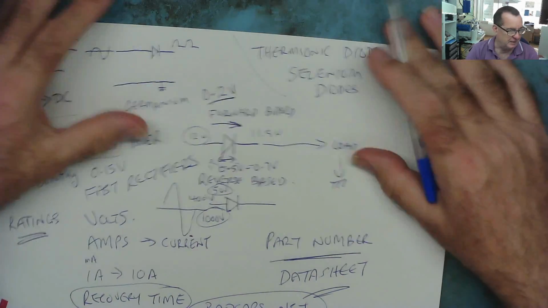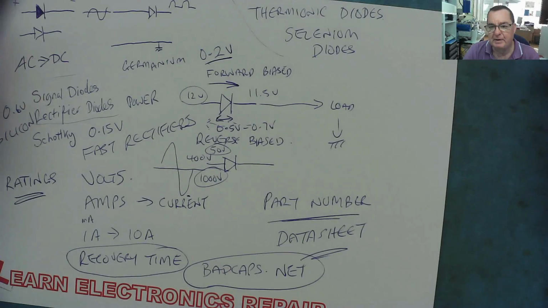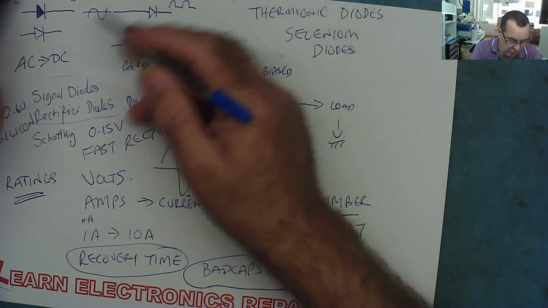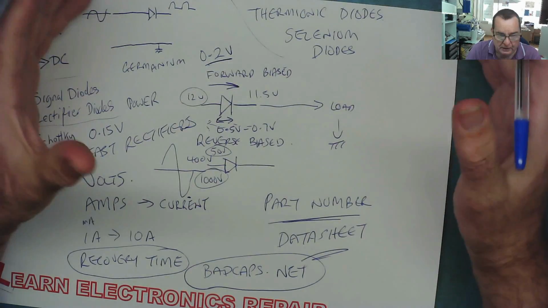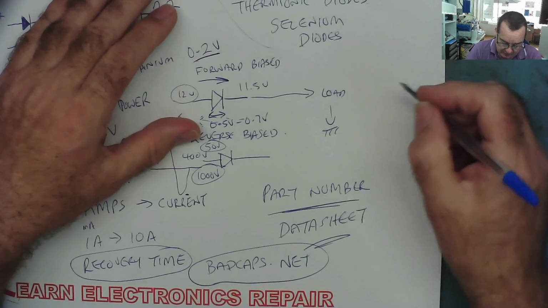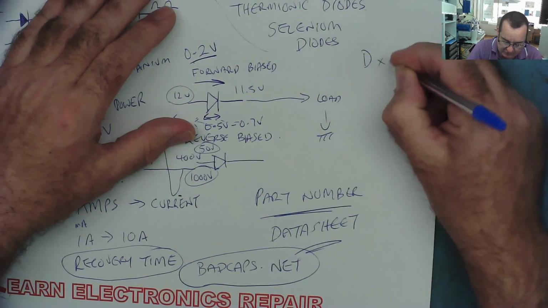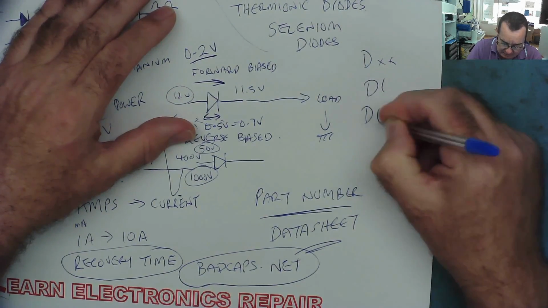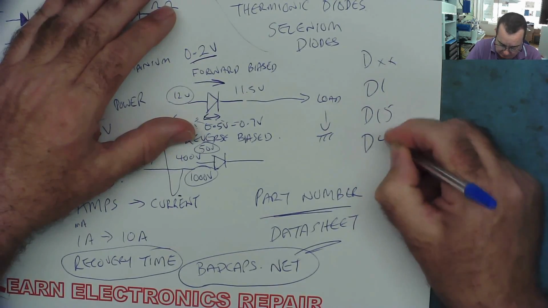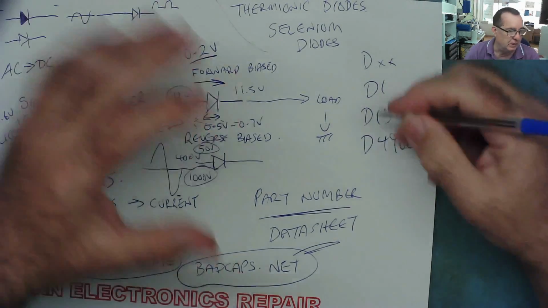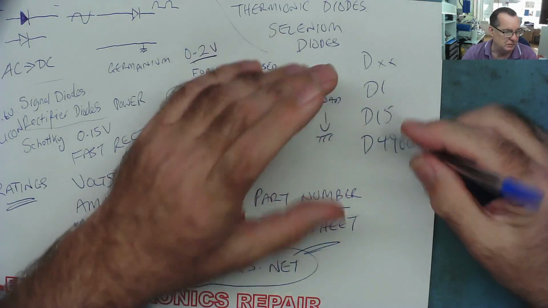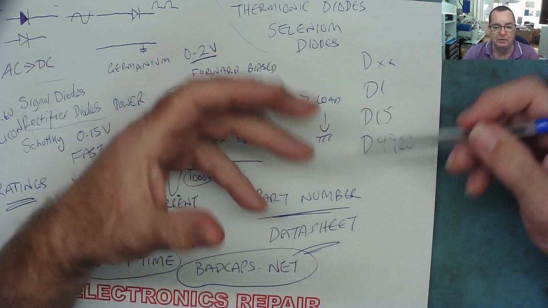Just before we leave this sheet of paper, I'll just mention a couple of things for completeness. When you see diodes on a circuit board, they will normally have a part number of D something, like D1, D15, D4900, whatever. This is not the value of the diode or the type, this is just the reference number for that part on the schematic.